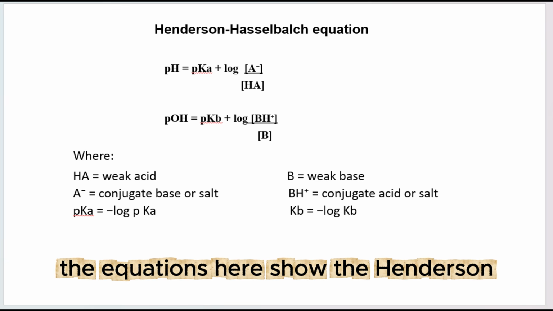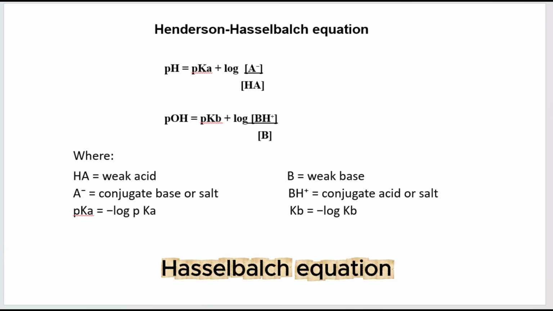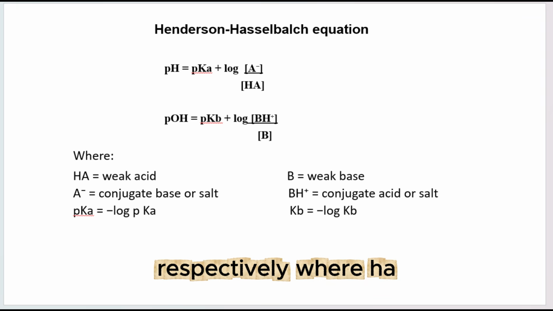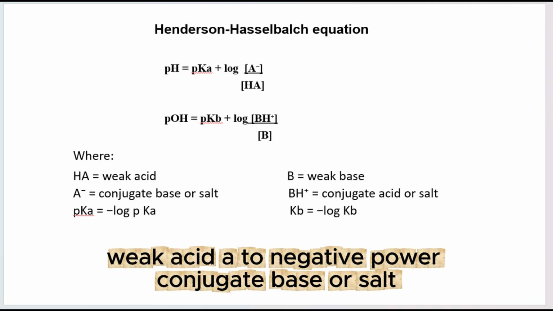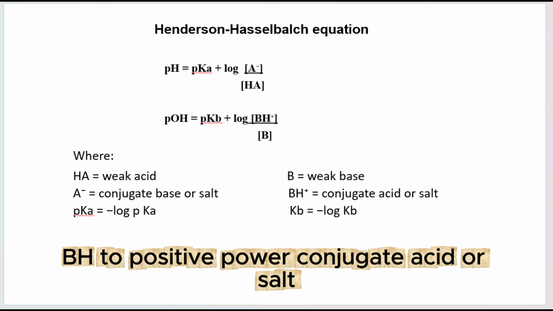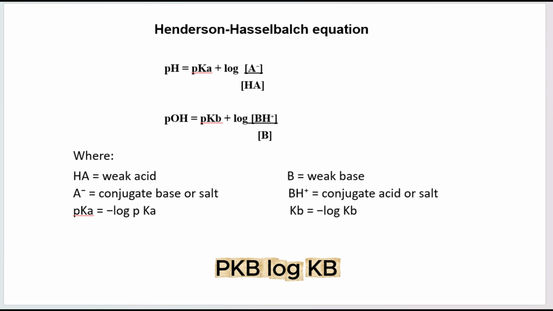The equations here show the Henderson-Hasselbalch equation for calculating the pH and pOH of buffer solutions respectively, where HA is the weak acid, A⁻ is the conjugate base or salt, pKa is -log Ka, B is the weak base, BH⁺ is the conjugate acid or salt, and pKb is -log Kb.